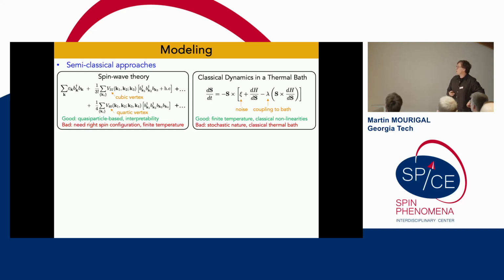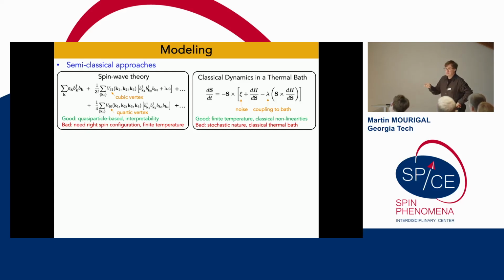And what is emerging, although it's been there for a long time, but people are using more and more, is Landau-Lifshitz dynamics or classical dynamics, which works completely differently. It's good because you can do finite temperature modeling. It contains classical nonlinearities, as I will show maybe in the end. This contains a lot of physics, perhaps not fully understood yet.